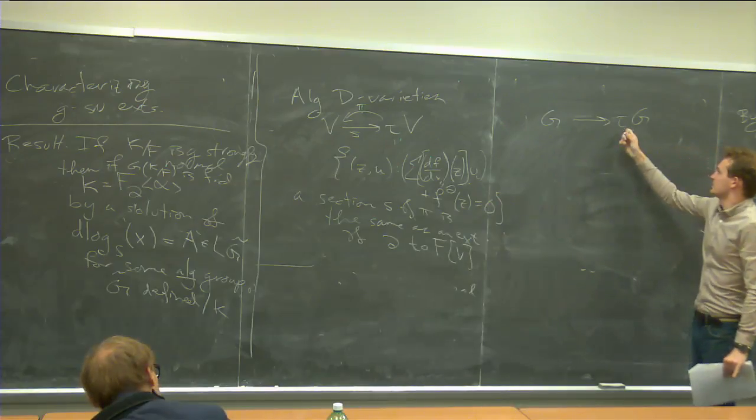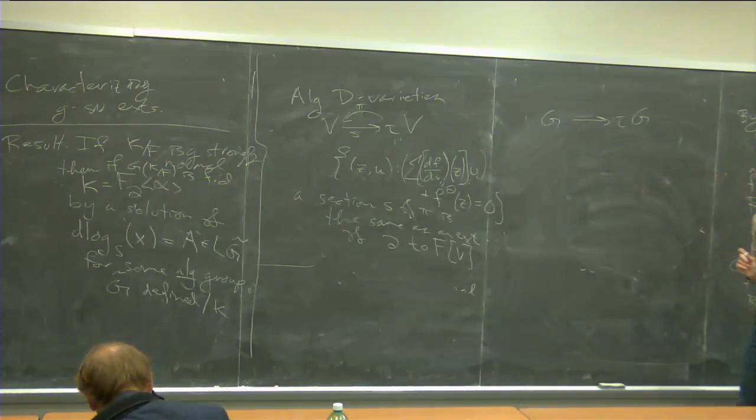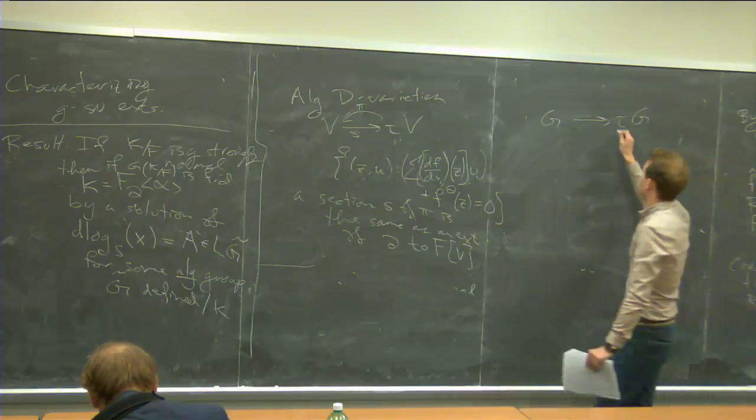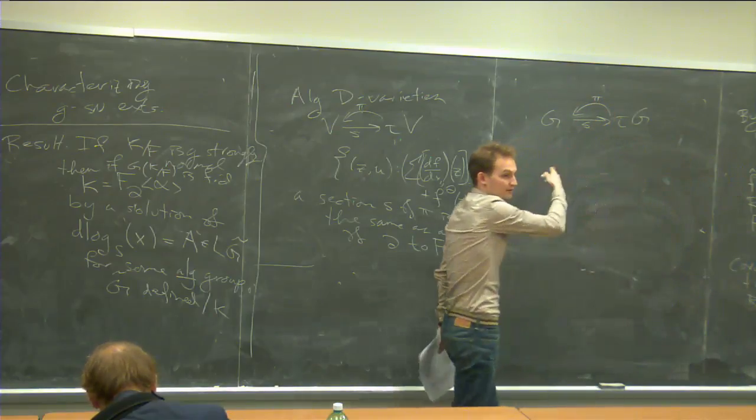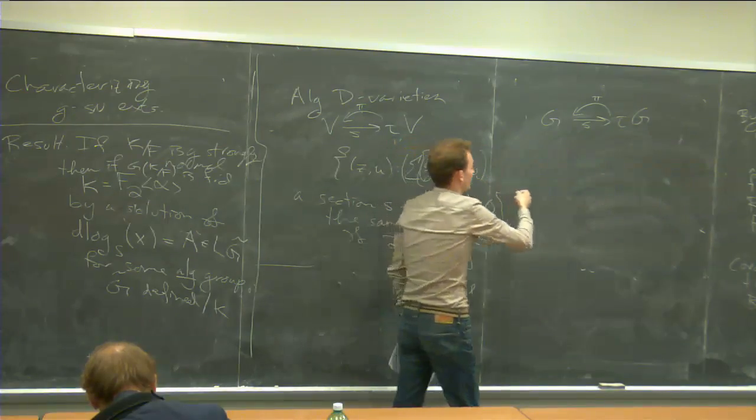So this has the structure of an algebraic group, and a regular homomorphic section of pi is what we call an algebraic D structure on the group.